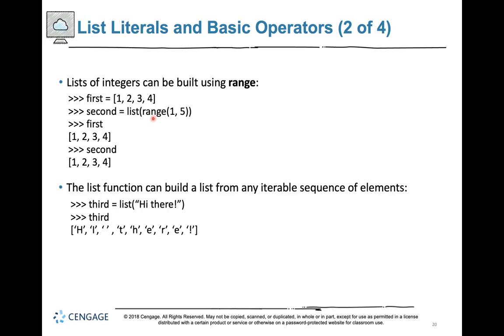So you can create a list out of a range. You can also create a list out of a string, because a string is also iterable. And so what you get is a list of characters in that string.